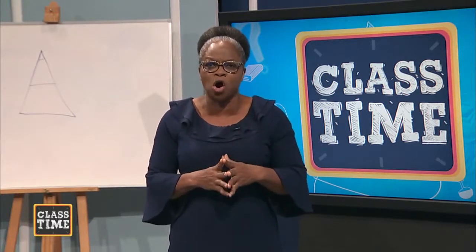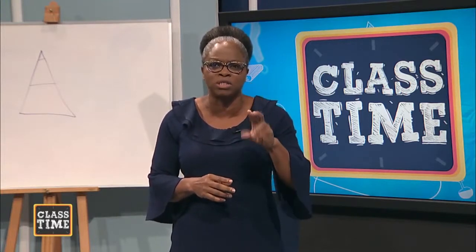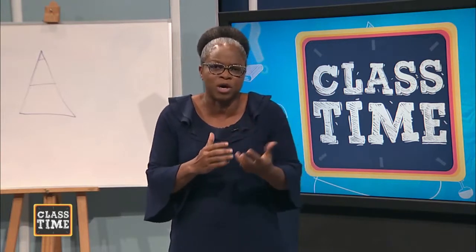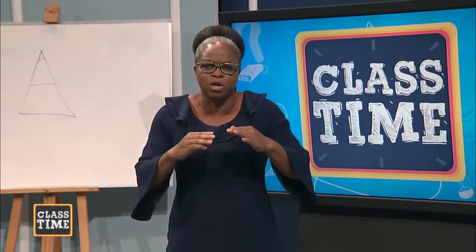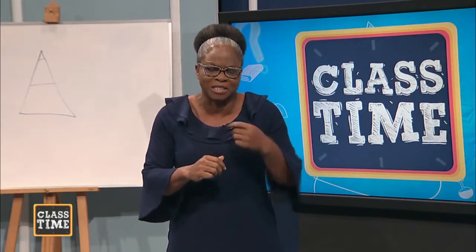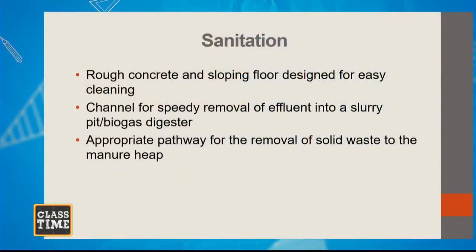When you go into your house, you have to ensure that your house is clean. And there are certain things, we build the house in such a way to facilitate this. So what we normally do with the floor is always rough to facilitate easy cleaning, and sloping a little. Good? So that we can get out all the wastewater and the effluent out of the house.